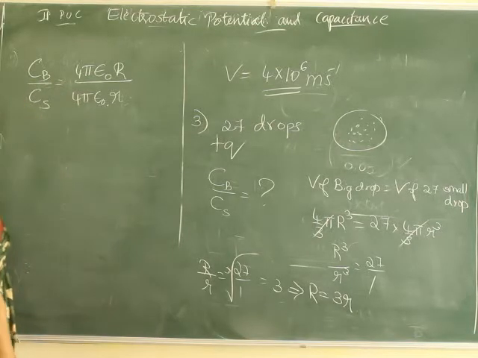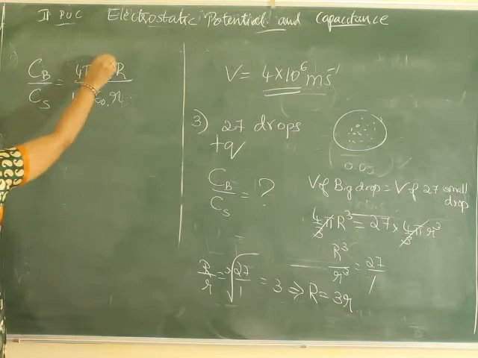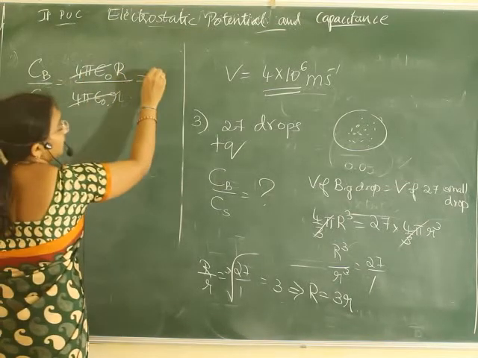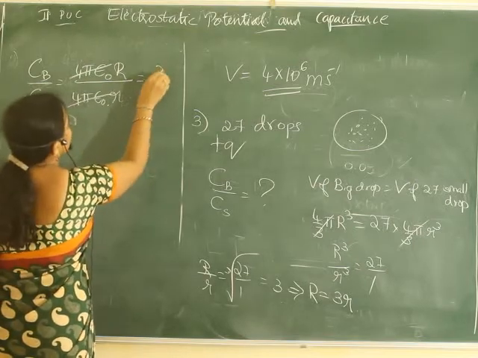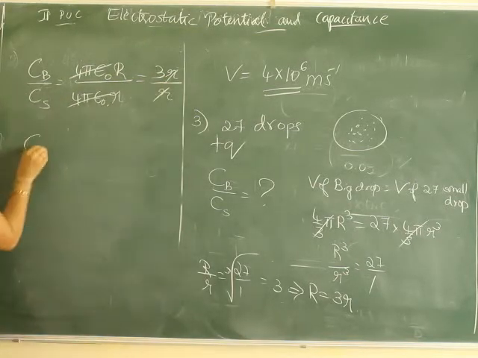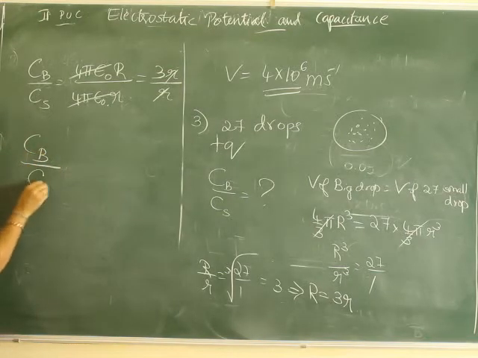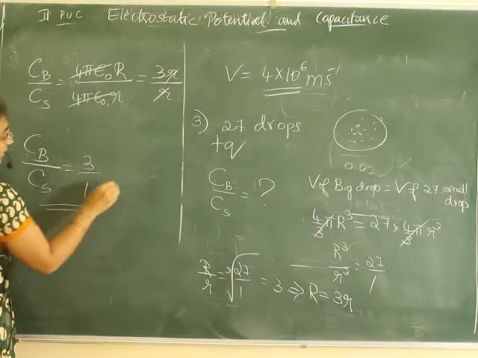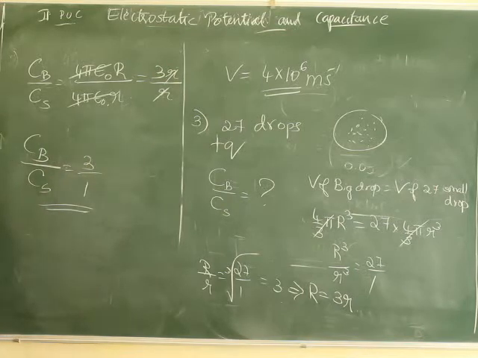Now, R by r, R is equal to 3r, so R by r is 3 by 1. So, capacitance of the bigger drop by capacitance of the smaller drop is equal to 3 by 1. So, it is 3:1 ratio. Correct? 3:1 ratio. Understood? Any doubts?